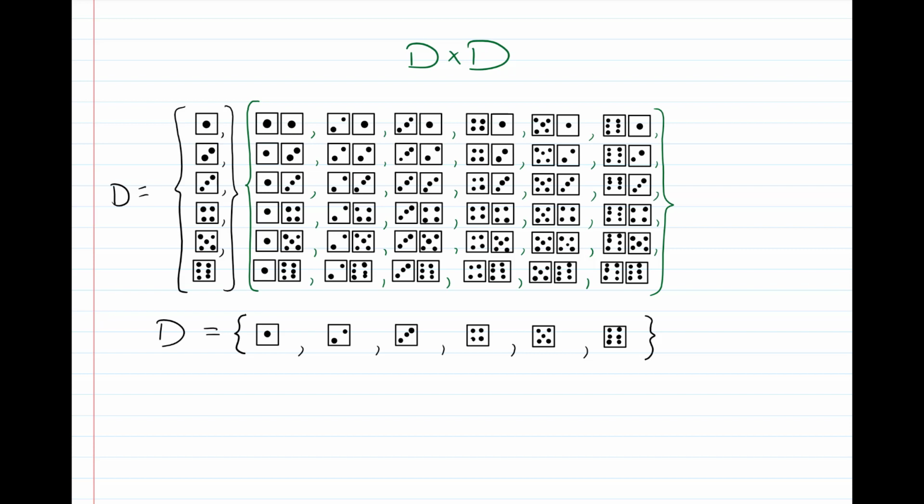Okay, so if you take the set of the 6 faces of a die and do the cross product with itself, then you get the set of all possibilities for rolling 2 dice. And that's the Cartesian product of D with itself.